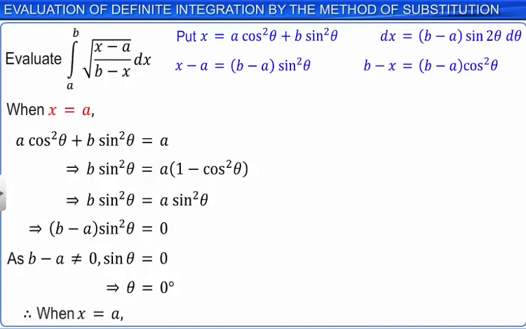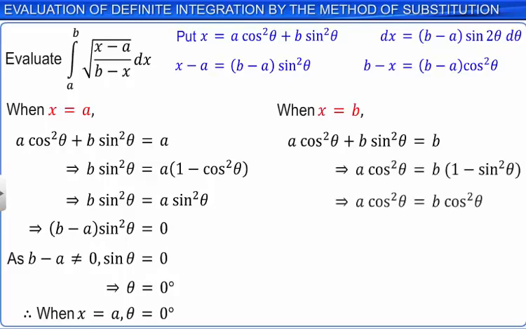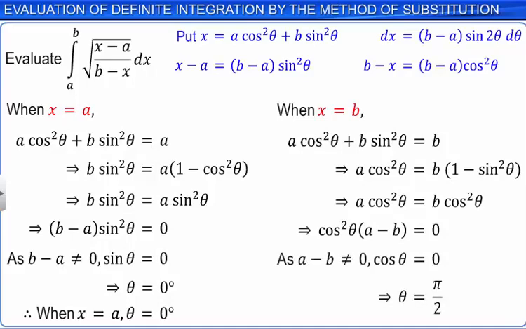In a similar way, when x equals b, a cos square theta plus b sin square theta is equal to b. So, on simplification, we get the value of theta as pi by 2. Therefore, when x equals b, theta is equal to pi by 2.